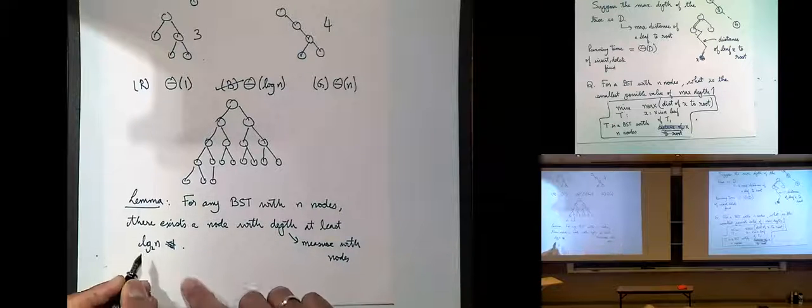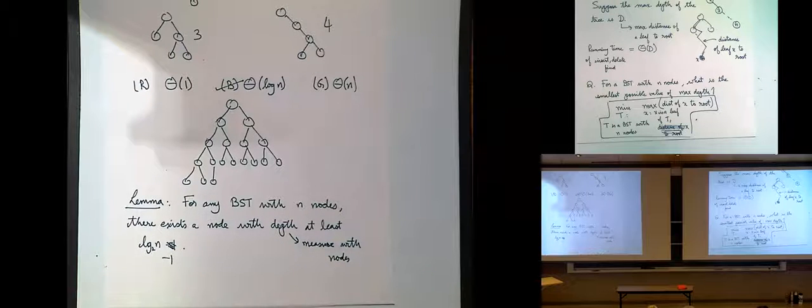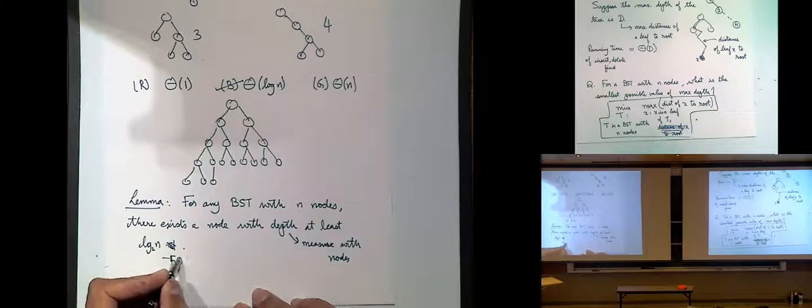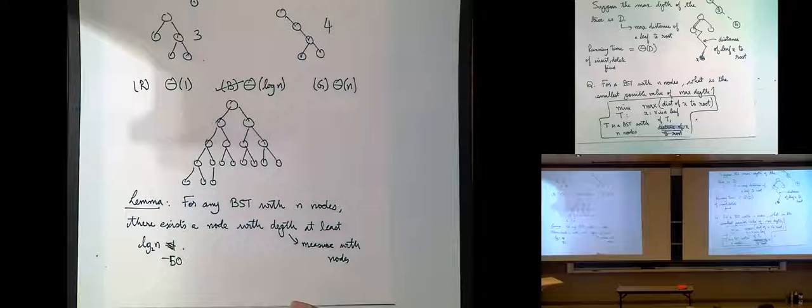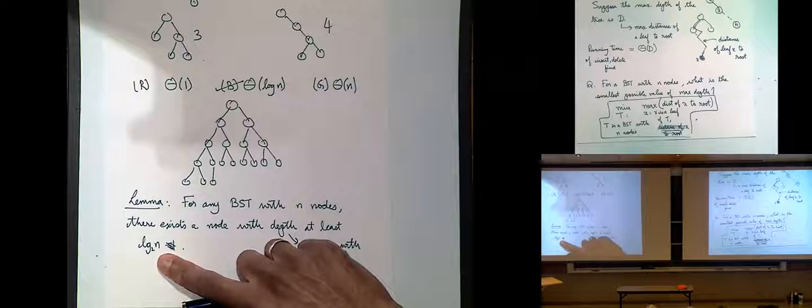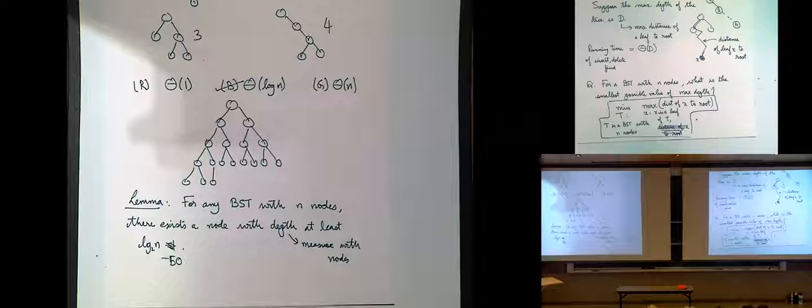On the other hand, if this statement is true, then obviously this is true as well. Do you see that? Because if the depth was at least log n, it's also at least log n minus 50. How many of you understood that? Raise your hand.